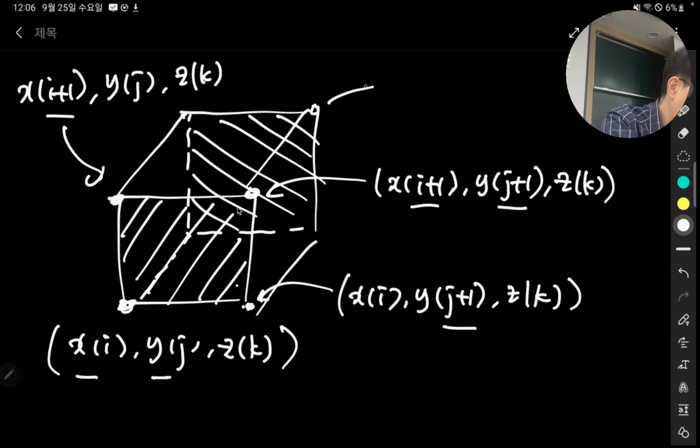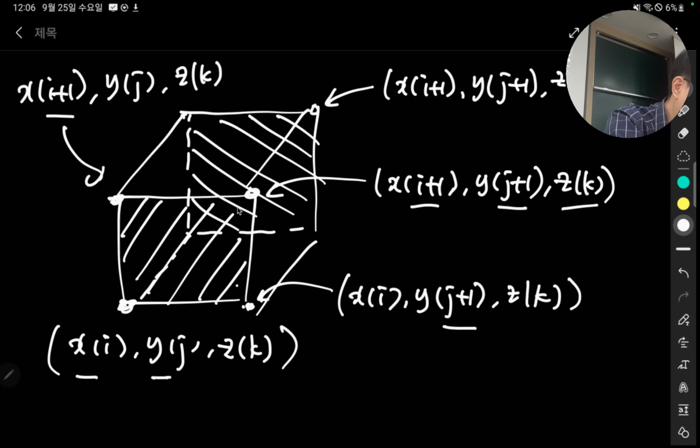All x and y coordinates are the same, but the z coordinate has to be shifted by increasing the index of z by 1. So this is now, for example, x_i plus 1, y_j plus 1, and z_k plus 1. Okay, so you can get the same figure here.